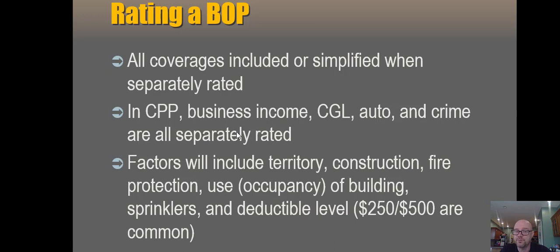In the commercial package policy, if you're a big business, business income is rated separately. Your CGL is rated separately. Auto is rated separately. Crime is rated separately. Not to mention the BPP, the business personal property itself. All of that is separately rated, and you're packaging those policies together, but that's a major effort. With the BOP, one rate, that's it.